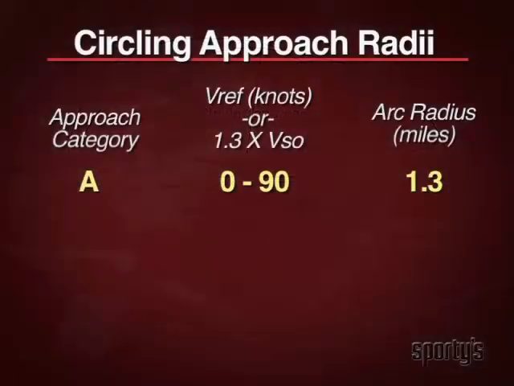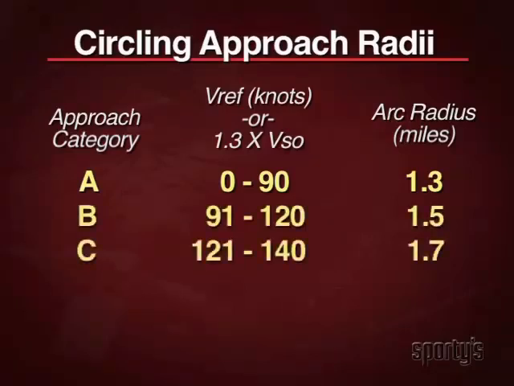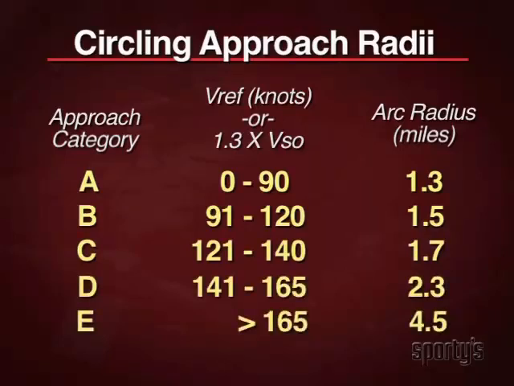MDAs for A category circling approaches are determined by arcs which extend 1 3/10 of a mile from the end of the runways. This distance is increased for each successive category. If you circle an aircraft at a speed higher than its category, you must use the minimums for the higher speed. For example, a Category A Skyhawk being maneuvered at 100 knots would have to use Category B approach minimums.